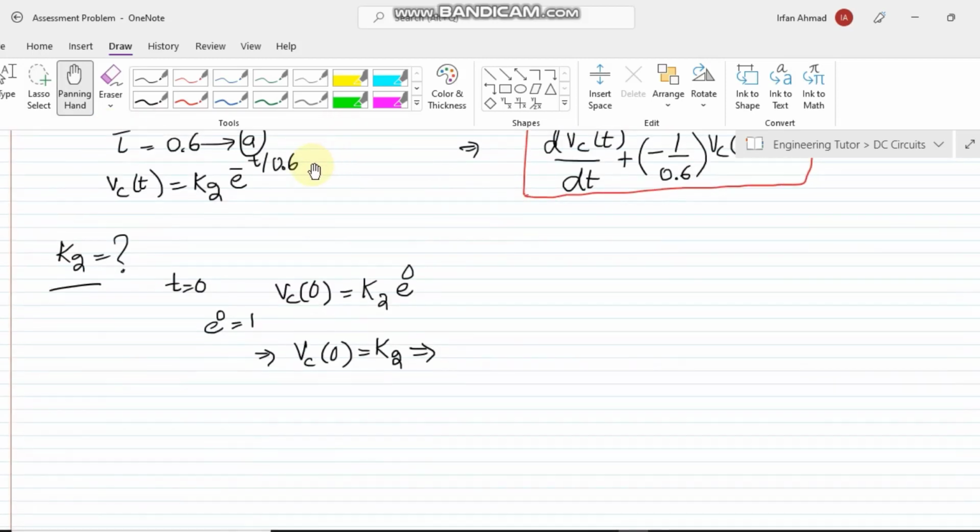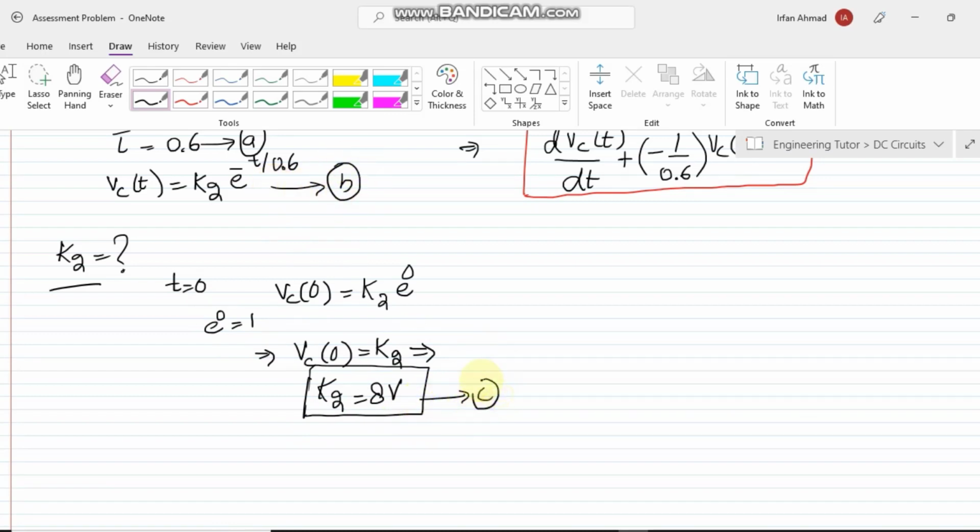So I get the value of K2 equal to 8 volts. Let me call the earlier equation B and this one C. Putting C in B, it will be VC(t) equal to 8 exponential of minus t over 0.6.